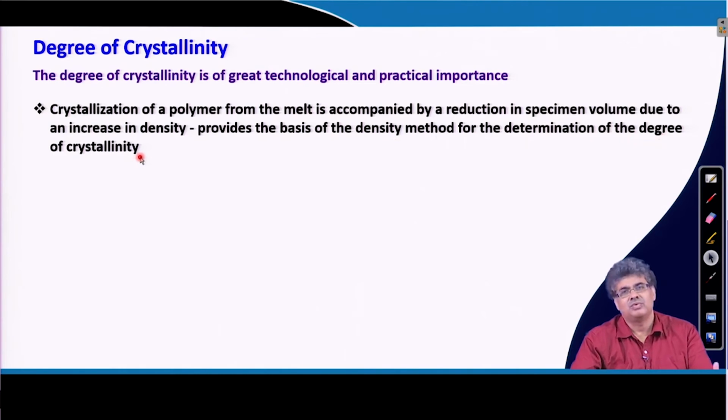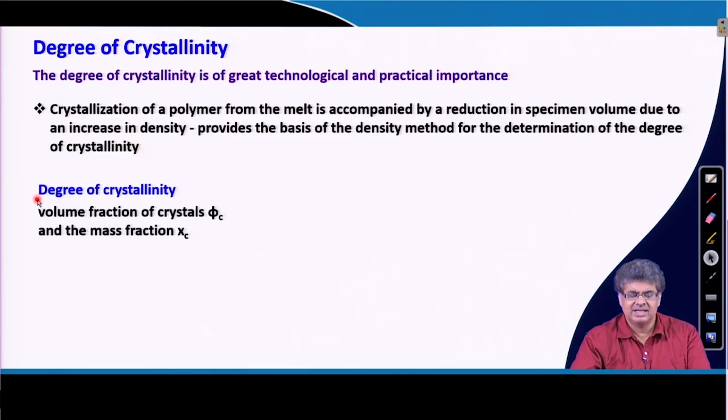So, if you know the density of a 100% crystalline polymer and a 100% amorphous polymer, then using that information we can get the extent of crystallinity for a semi-crystalline sample.